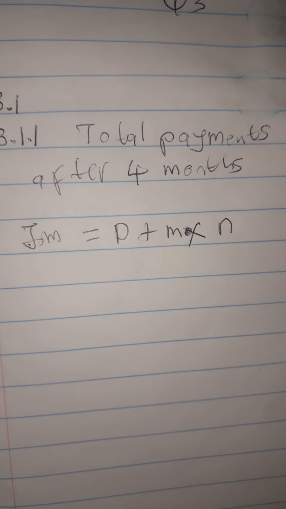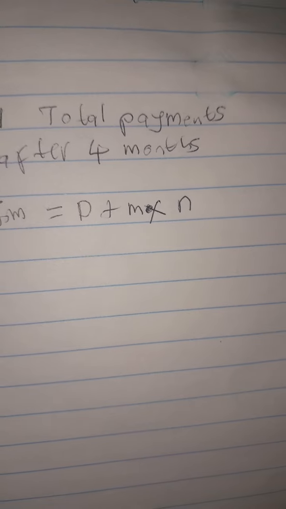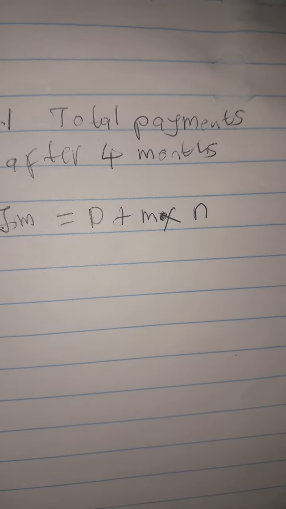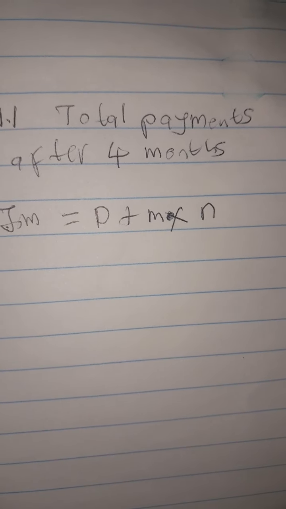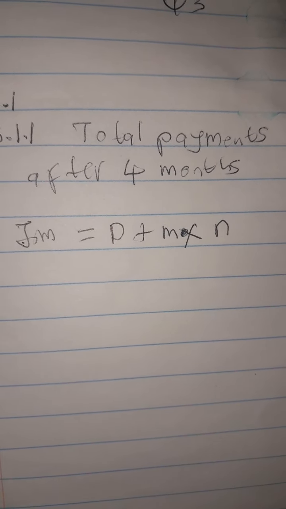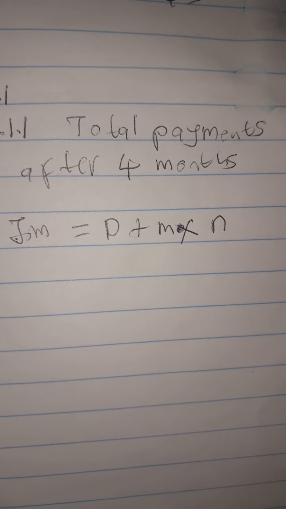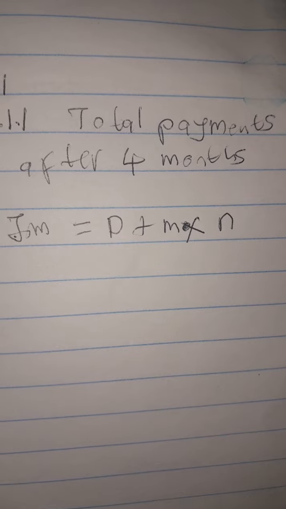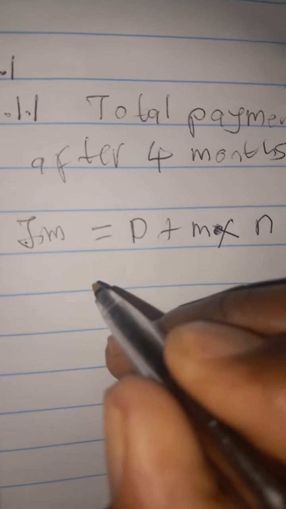But since they said we should construct a number sentence, you can write it in words. You could just say Jim's total payment is equal to deposit plus M times N, where M is the monthly payment and N is the number of payments.